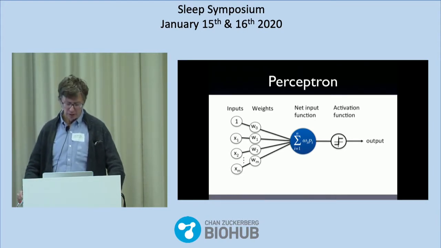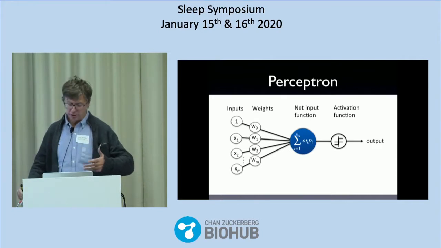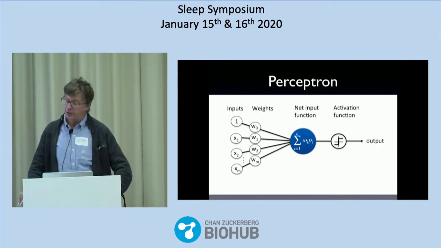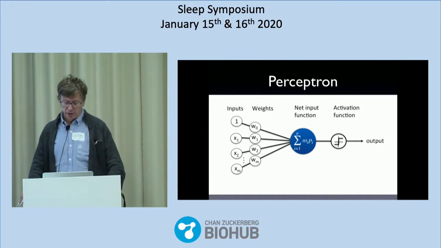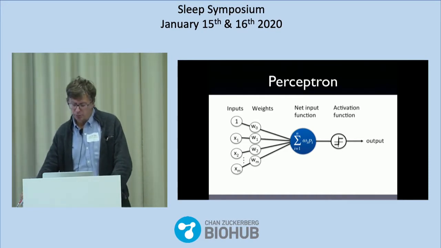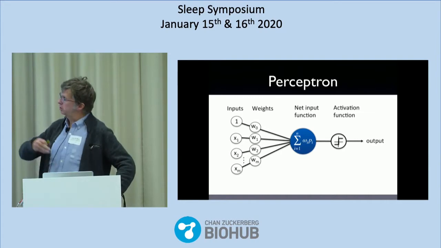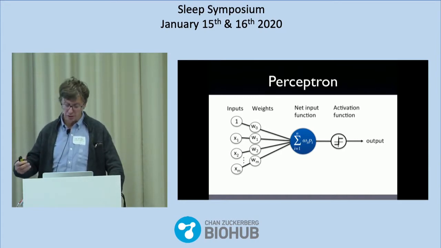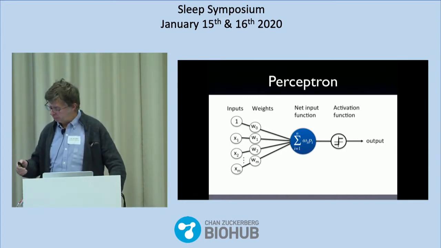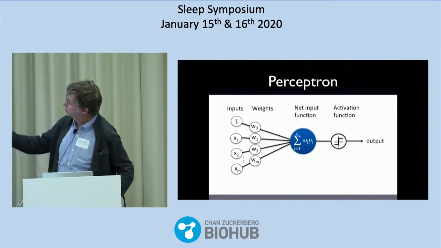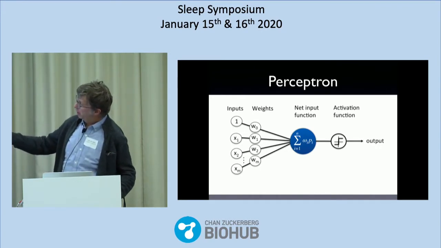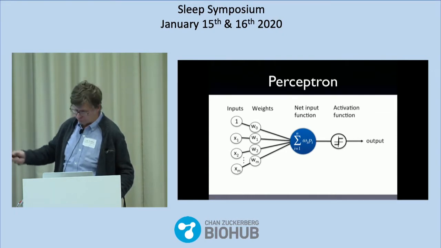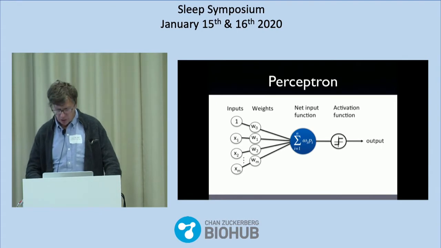Very simply, inputs are assigned weights, and those are fed into a net input function that sums or integrates these inputs, and then that function is fed into an activation function that decides in a very simple operation. It's a step function, so it makes a binary decision, yes or no, and that's the output.